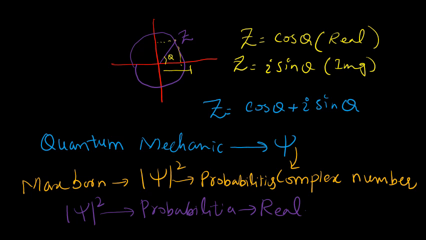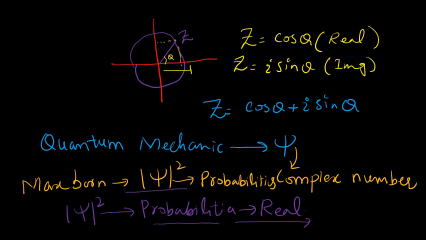This was the most accurate interpretation of the wave function, by Max Born. So psi must be a complex number, and its norm amplitude squared equals the probabilities, which are always real in quantum mechanics.